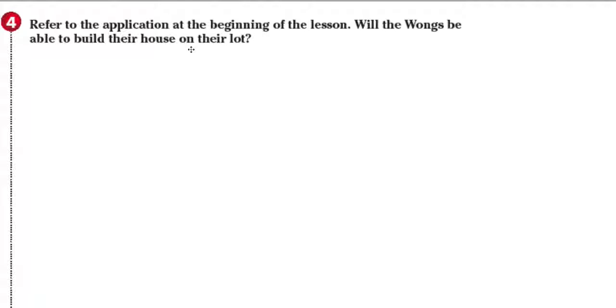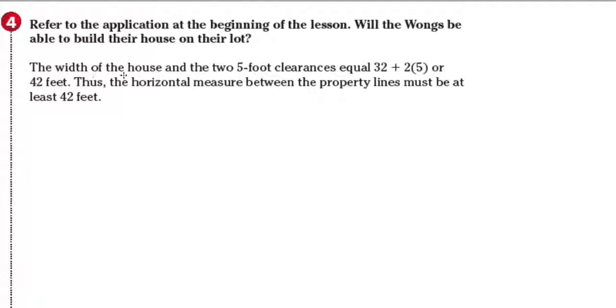Will the Wongs be able to build their house on their lot? So what do we know? The width of the house and the two 5-foot clearances equal 32 plus 2 times 5, or 42 feet. Thus, the horizontal measure between the property lines must be at least 42 feet.